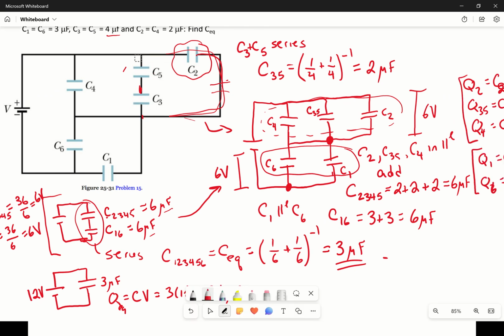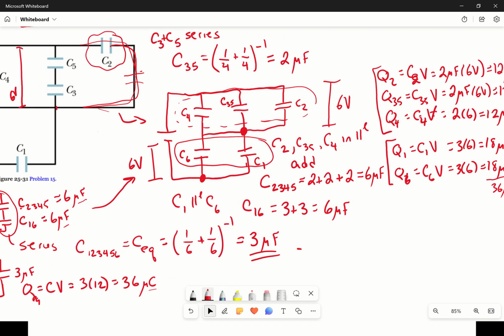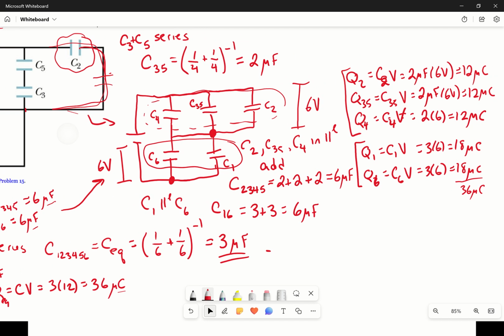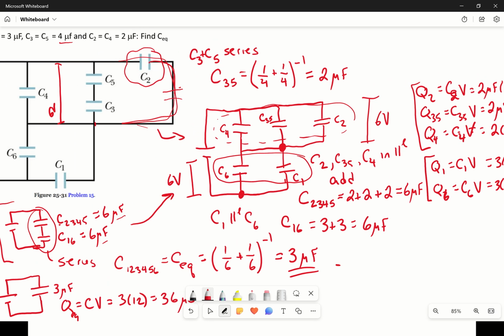So I know now that I've got 6 volts from top to bottom, and that on that combination C3-5, I've got 12 microcoulombs. So these are in series, so each of them is going to have 12 microcoulombs. So Q3 is equal to Q5, which is equal to 12 microcoulombs.